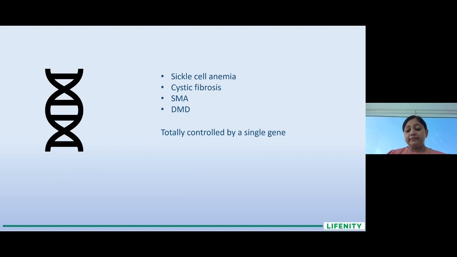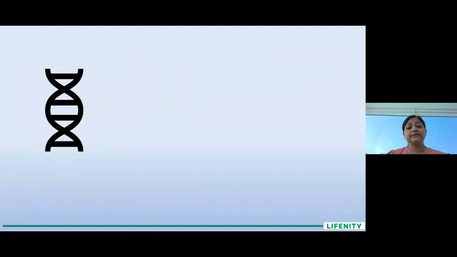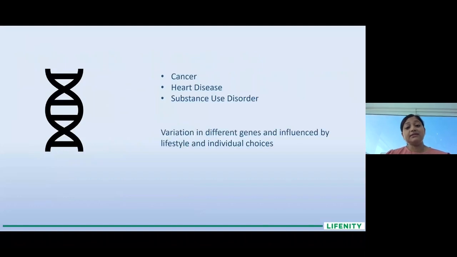But there are some diseases like cancer, heart disease, substance use disorder. These are not controlled by a single gene. The heart is a very important organ in our body. If only a single gene caused this disease, it would be really difficult, right? So it is all decided very early, and it is controlled by polygenes, like many genes.